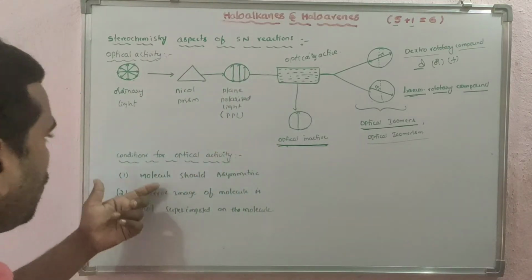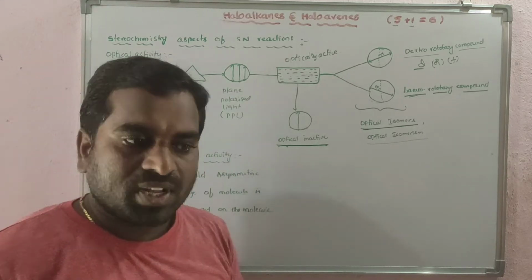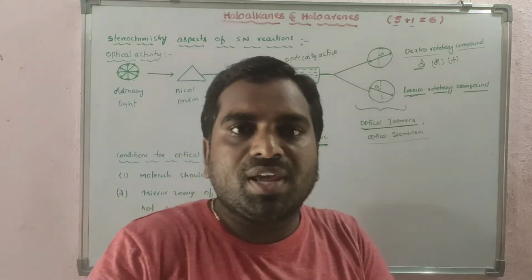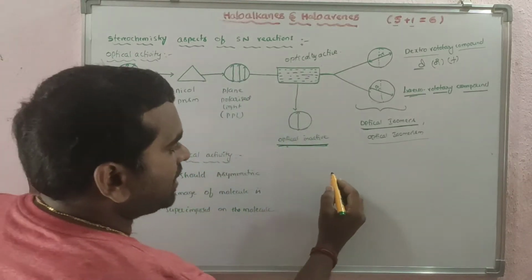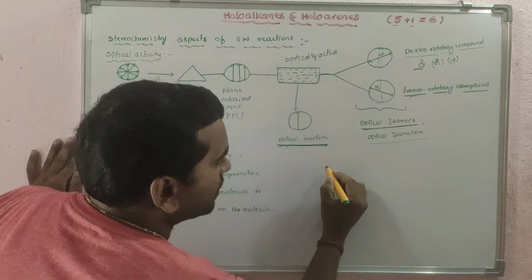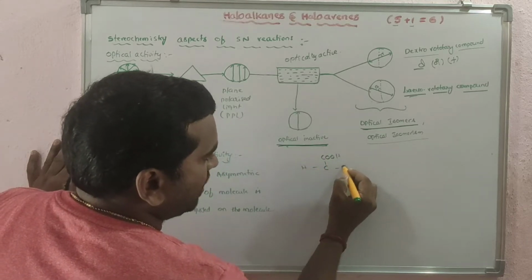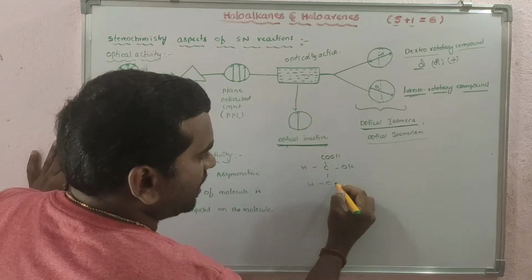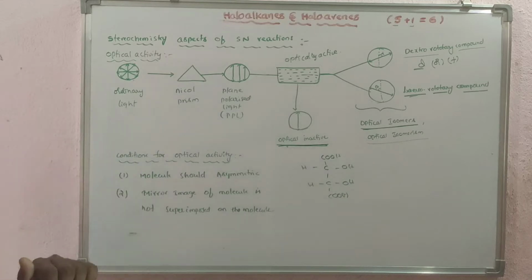Here two conditions are there. The molecule should be asymmetric, meaning the molecule should not have any type of symmetry. Suppose I take this compound with COOH, H and OH, and another same compound.